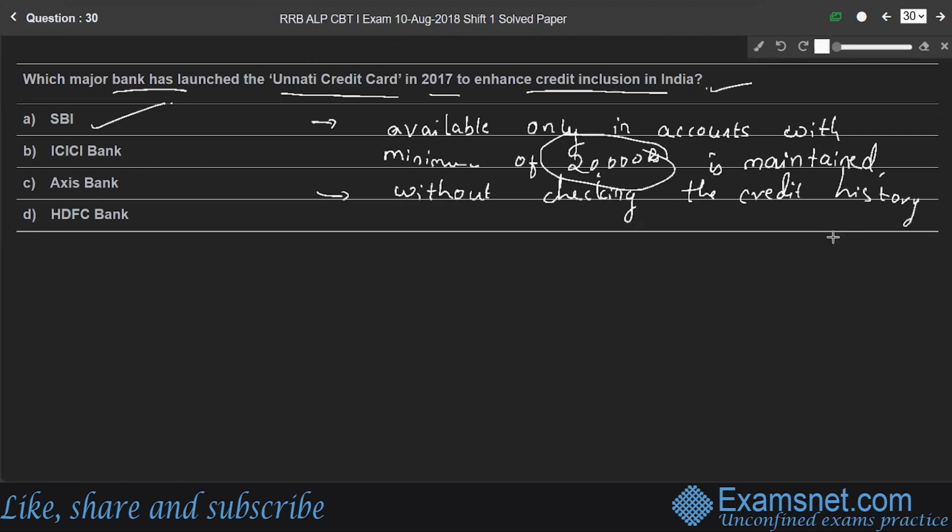The word Unnati means progress. Thus, the credit card aimed to bring progress in credit inclusion in India. So SBI Bank has launched this Unnati credit card to enhance credit inclusion in India. Option A is the right answer.